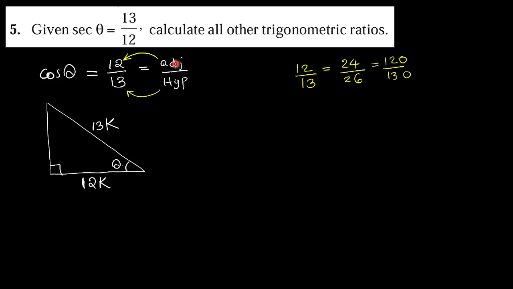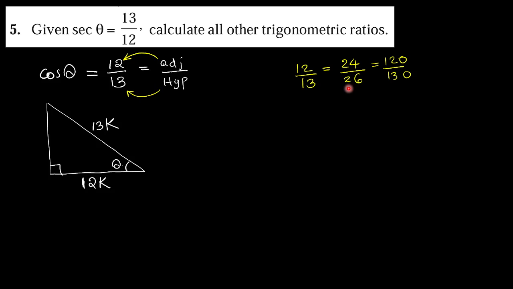So why don't we take the adjacent side as 120 and hypotenuse as 130? There is a possibility, right? So 12 by 13 can be written in different ways. It is not necessary that the adjacent side is 12; the adjacent side can be 24, the hypotenuse can be 26.